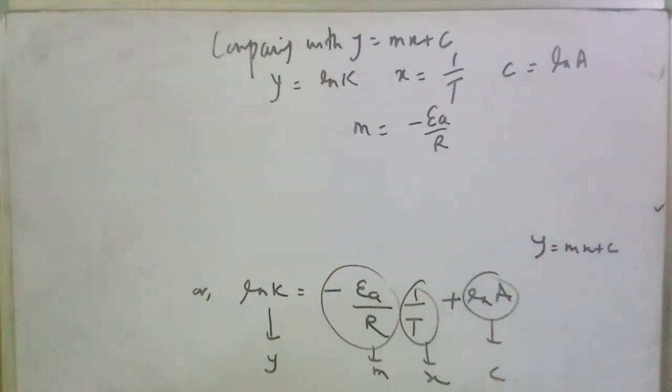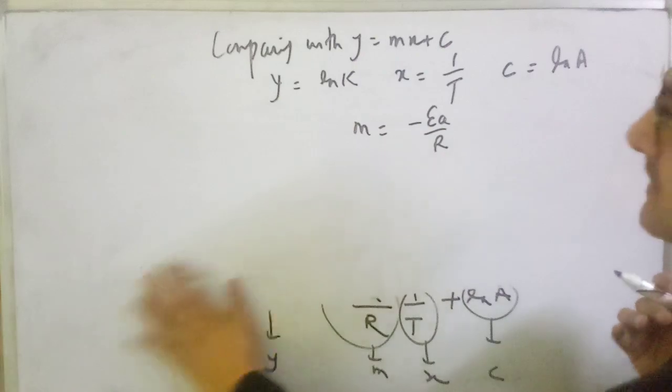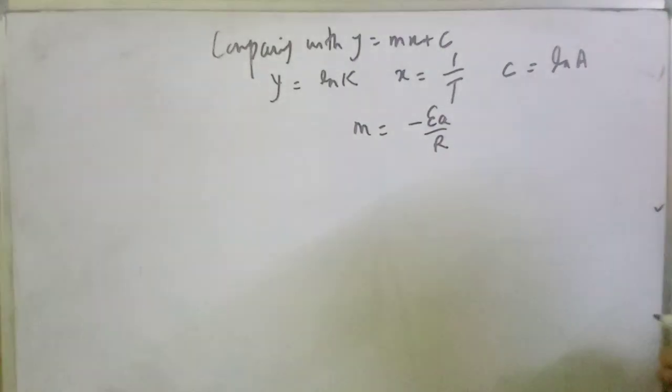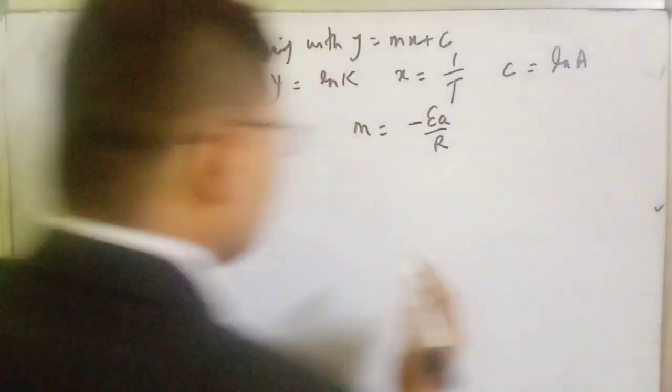So friends, if you plot the graph between y and x, that is, between ln k and 1 by T, what do you get here?